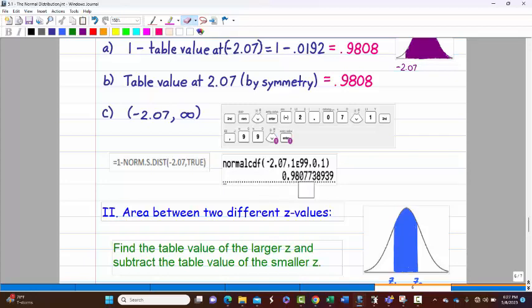You make it 1E99, and the 0 and 1 are not necessary. There it is, 0.9808. Now on the calculator you can just change this and write it from lowest to highest. In Excel you cannot. In Excel you have to use 1 minus. So you just do 1 minus NORM.S.DIST of negative 2.07, TRUE. There is no option there.